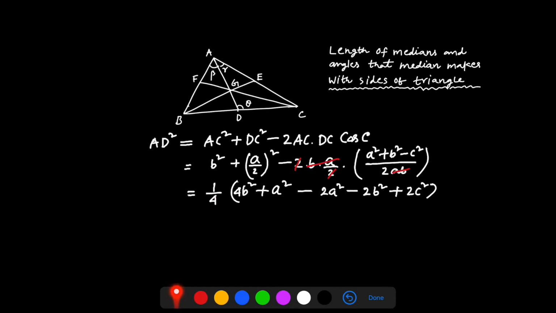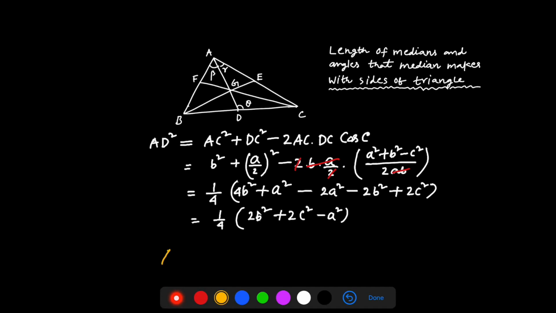As we are taking 1/4 common, we have to multiply 2 in the numerator, and there is a minus sign, so minus 2a square minus 2b square, and this minus will be plus 2c square. So finally this will be 2b square plus 2c square minus a square.